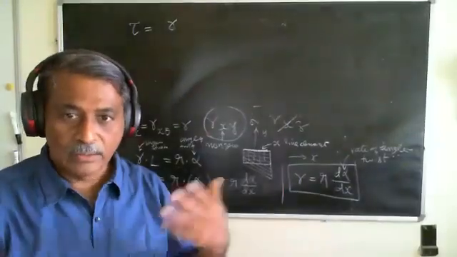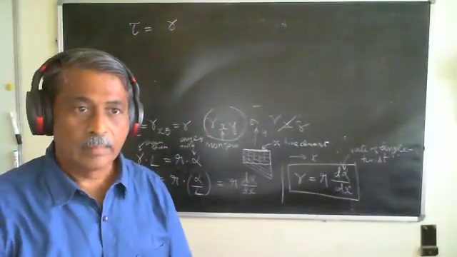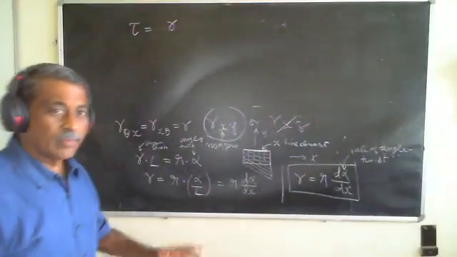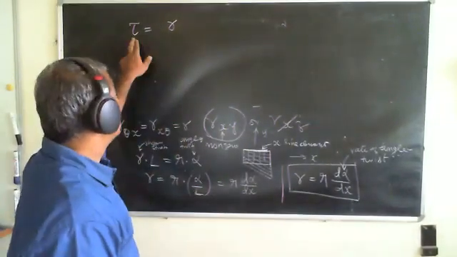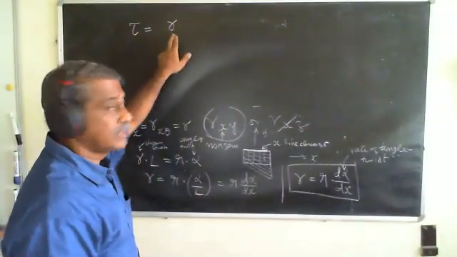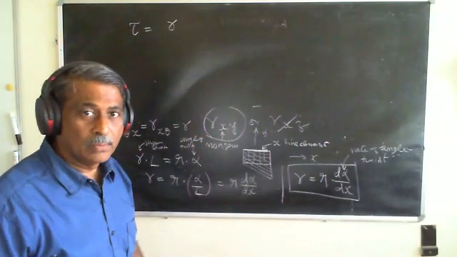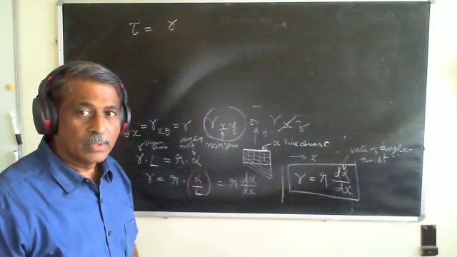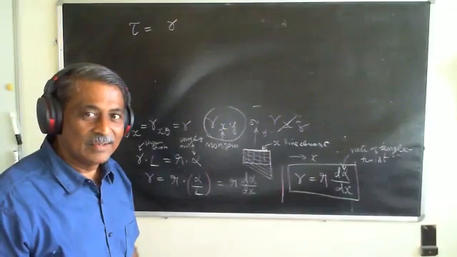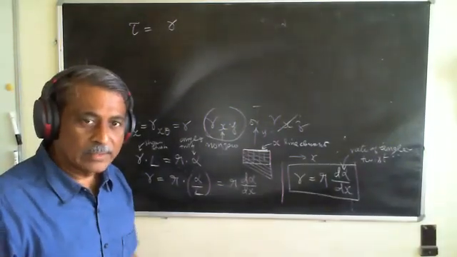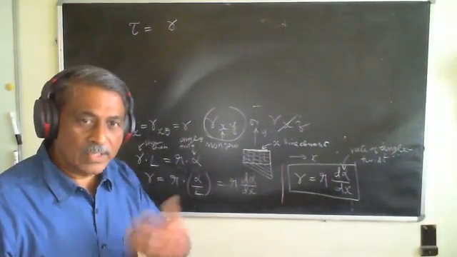Go back to what we discussed earlier, just a couple of classes ago. We related shear stress to shear strain through Poisson's ratio and elastic modulus, and I used a symbol for that.